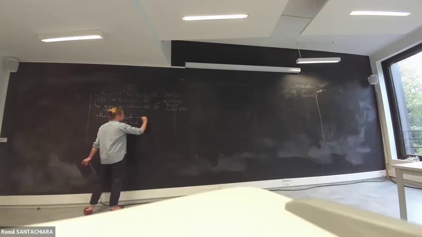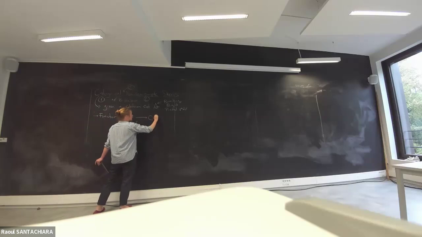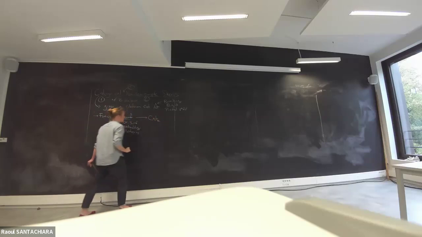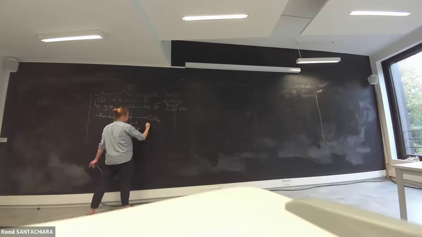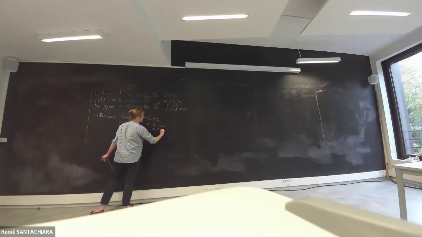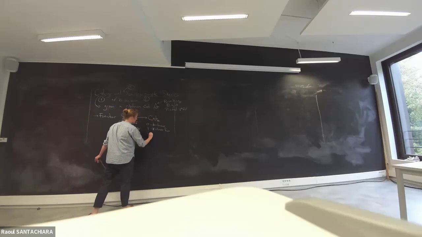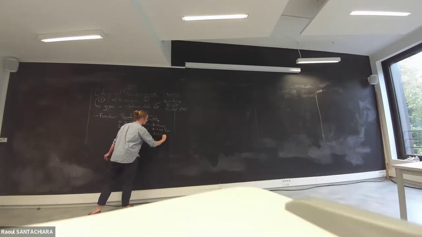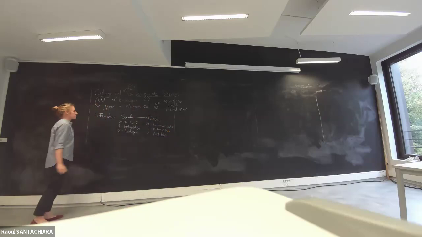So I get some functor from here to the category of k-linear categories, where one-morphisms are k-linear functors and two-morphisms are natural transformations.